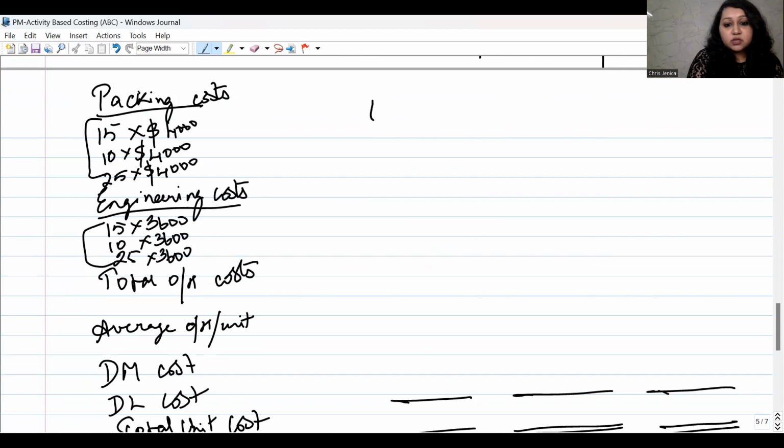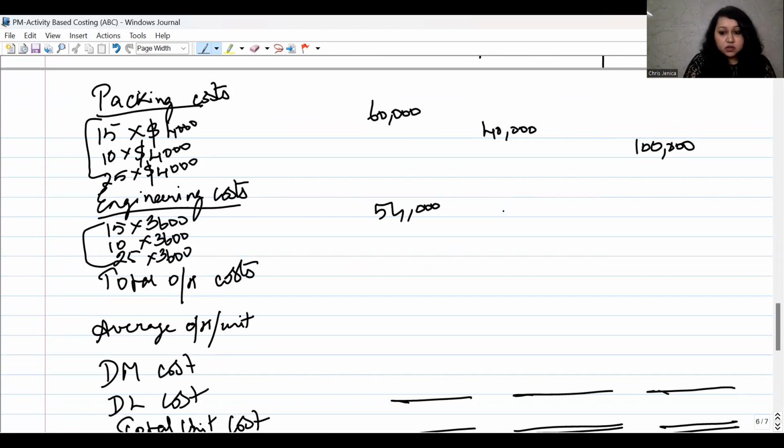This is going to be around 60,000, and this one 40,000, and 25 into 4,000 is going to be 1 lakh. Then you have your engineering cost, 15 into 3,600, which is going to be 54,000, and 36,000, and 25 into 3,600 is going to be 90,000.